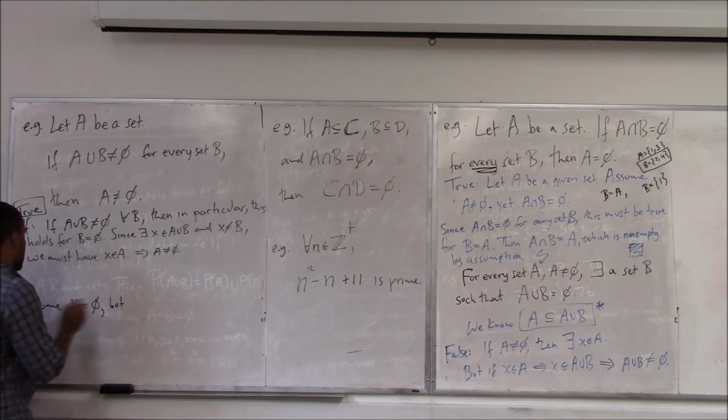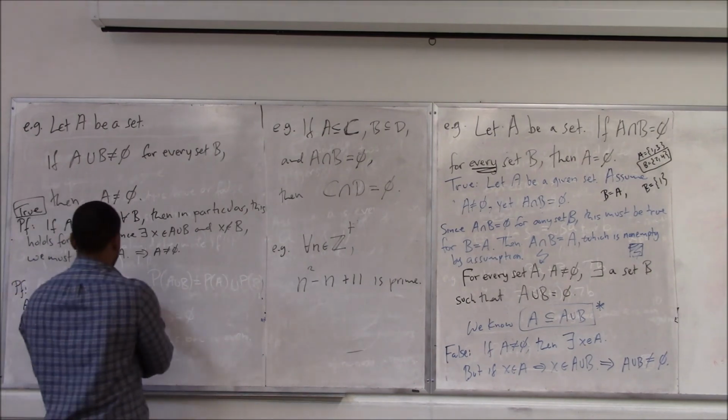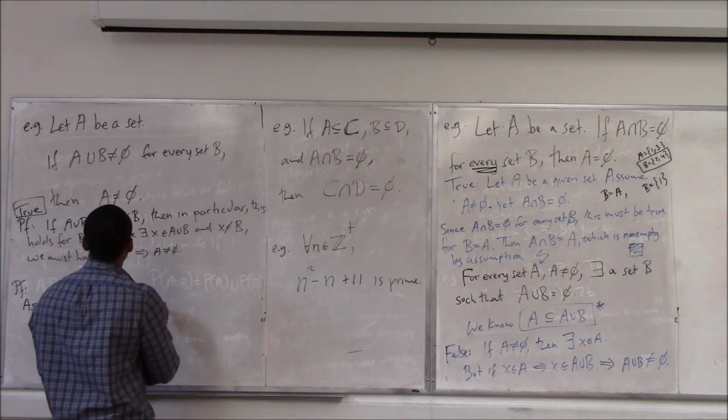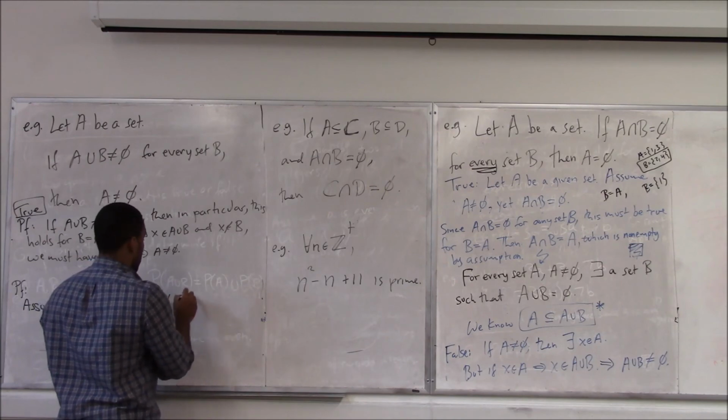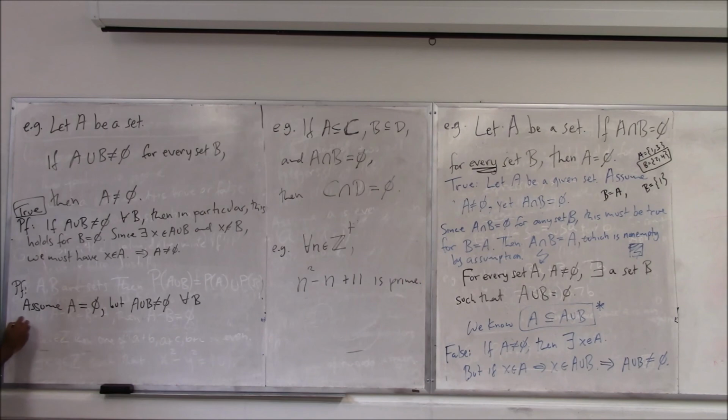But, so let's actually do a contradiction. That would probably be nice. But A union B is not empty for all B. Then take B equals the empty set.